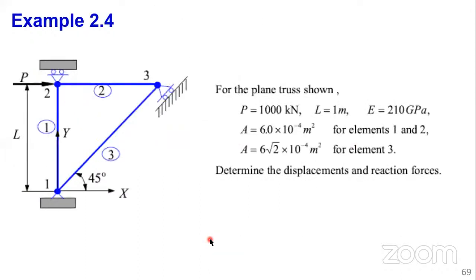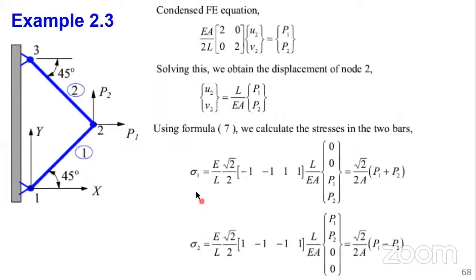This is what we are doing in this slide. So just substituting these directional cosines, -1, -1, 1, 1, L, M, to get the stress in bar 1 equal to √2 over 2A, P1 plus P2. And in bar 2 it is equal to the values given.